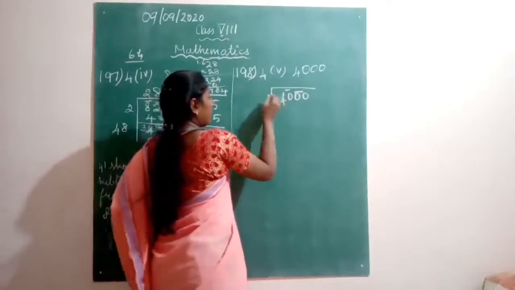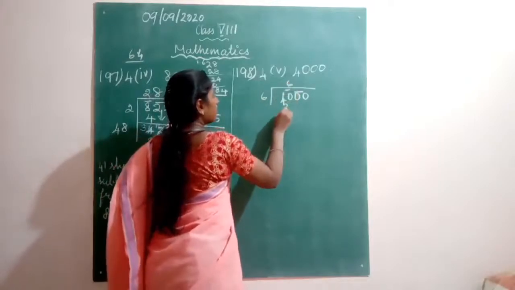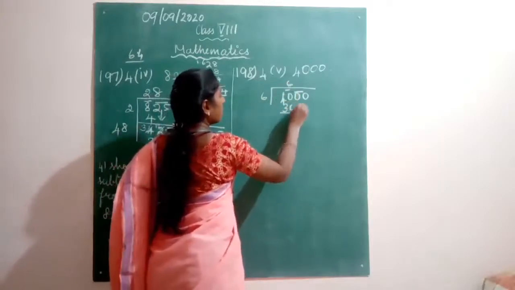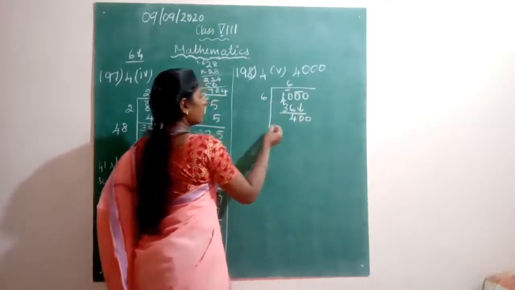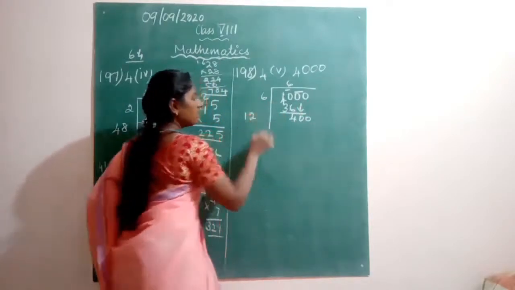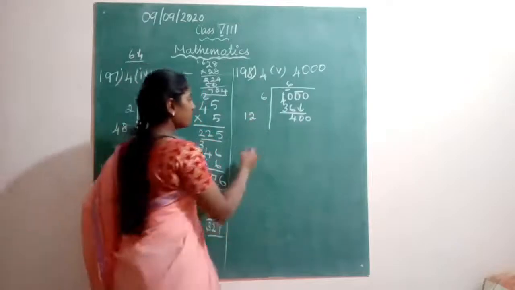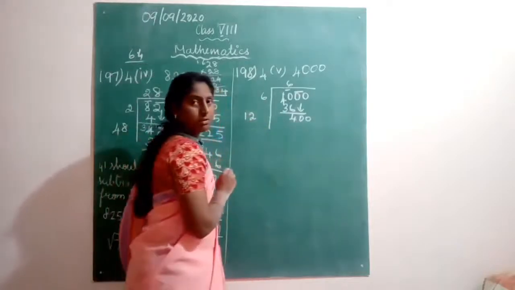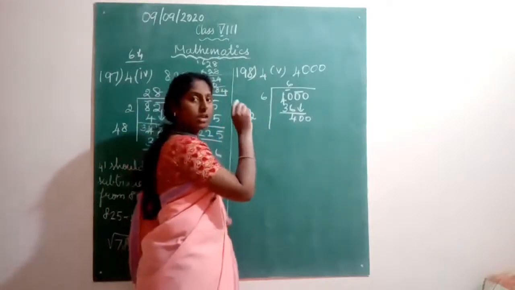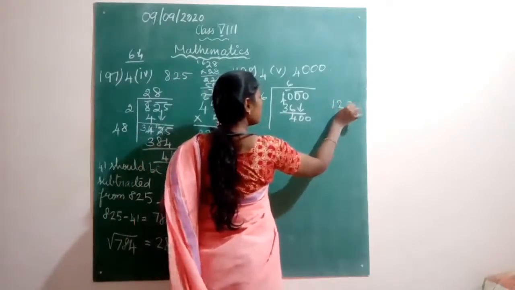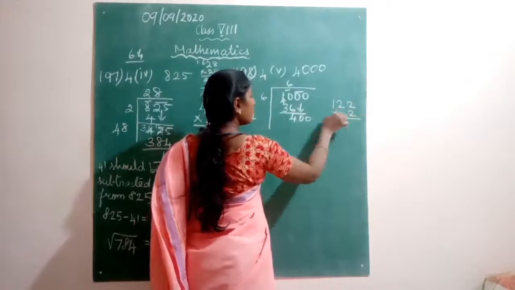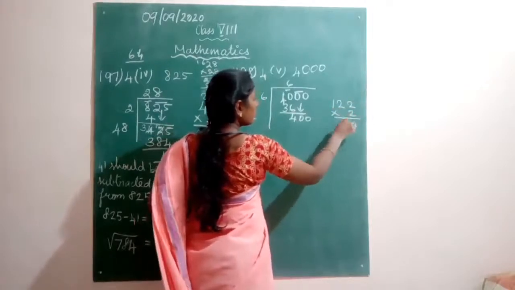So you can write 6 6s are 36, 4 remaining, and bring down. Okay, so you will have 12 here. Okay, and here it is 400, and here it is 12. Okay, so if you write 122 into 2, what will you get? 2 4s are 4... 2 2s are 4, 2 1s are 2.